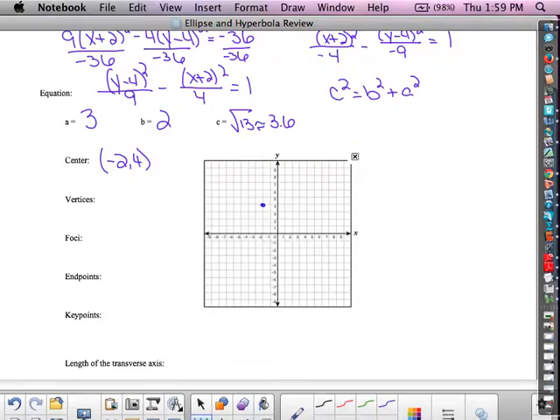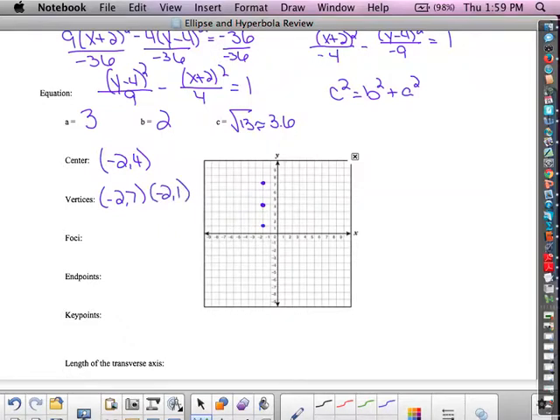And I have a vertex then at minus 2, 7, because I'm going to add 3 and subtract 3, so minus 2, 1.